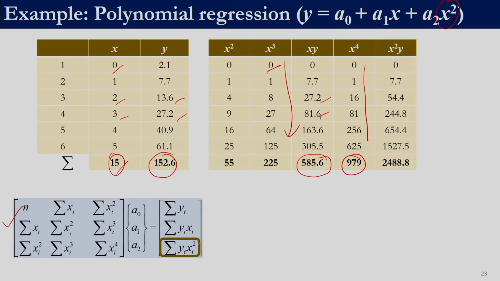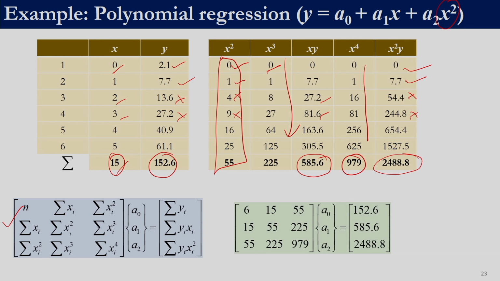Then we require x square y. So, x square is over here, y is over here. 0 into 2.1 is 0, 7.7 into 1 is 7.7, 13.6 into 4 is 54.4, 27.2 into 9 is 244.8, and then we need to sum this vector. That will be 2488.8.